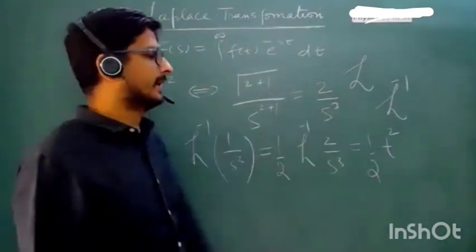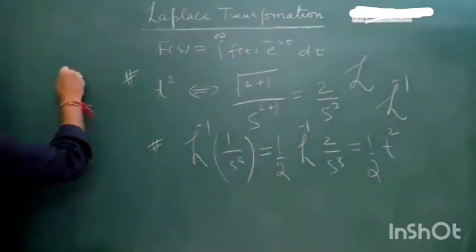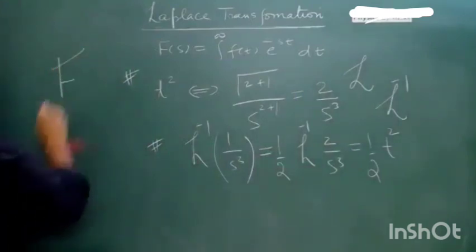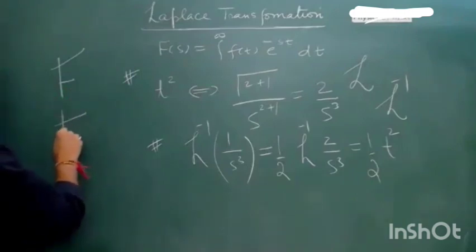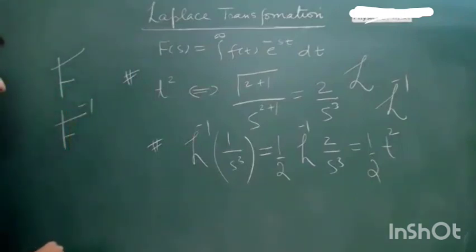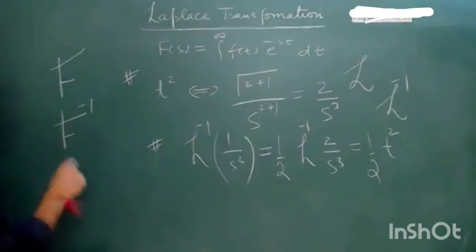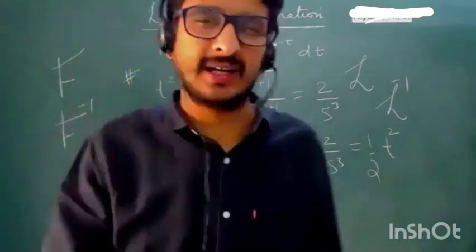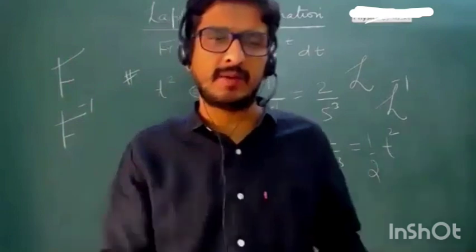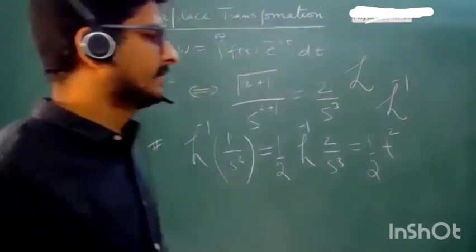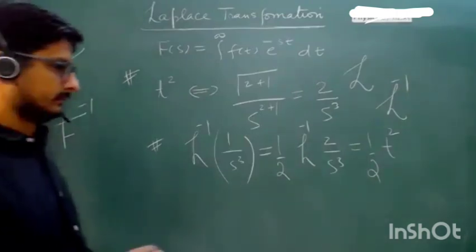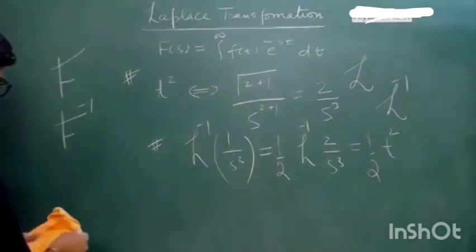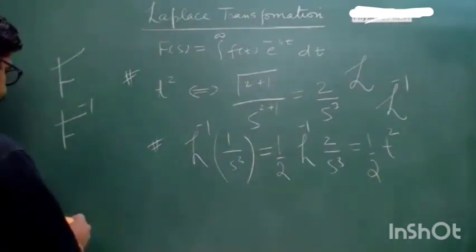These operate like in Fourier also. If this F is written, this is Fourier, and if this is written, this is inverse Fourier. So I think we understand the symbols. If you have a little knowledge about what is happening, the symbols will not cause any problem to you. Okay?